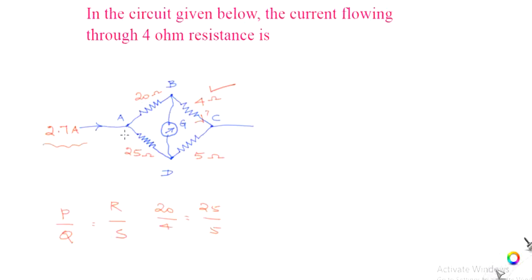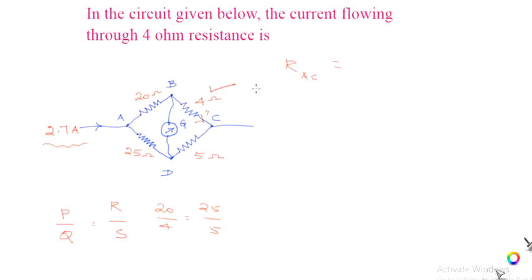Now how to find out the voltage? For that, we have to find out the total resistance in the circuit. Now this 20 plus 4 is in series and 25 plus 5 is in series, and both arms are in parallel. Therefore, we have to find out the resistance between A and C, which is equal to, as I told you, this and this are in series, this and this are in series.